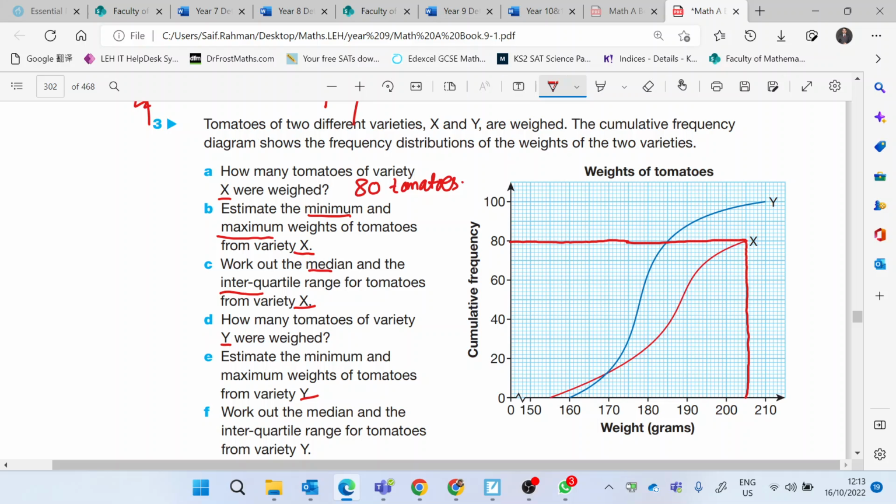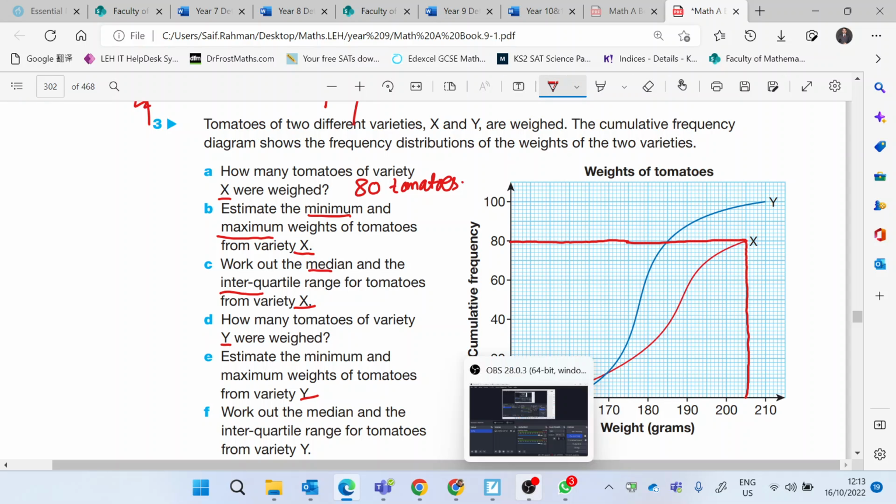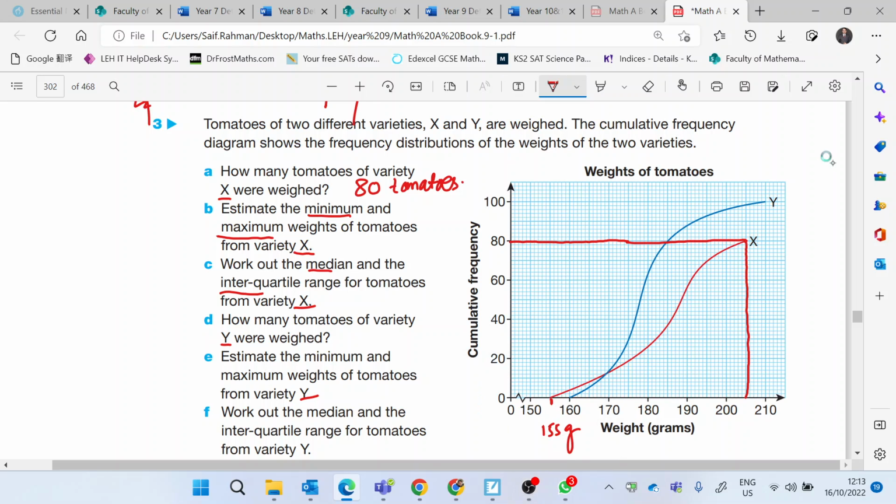So the minimum weight was for the X here, the minimum was 145, in its middle between 160 and 150, so it should be 155. 155 gram was the minimum and 205 gram.